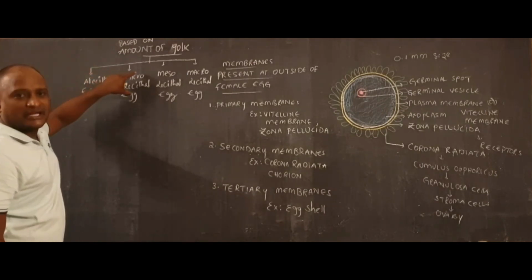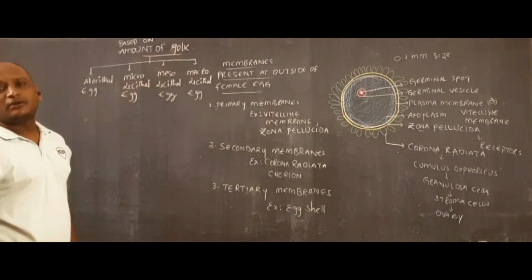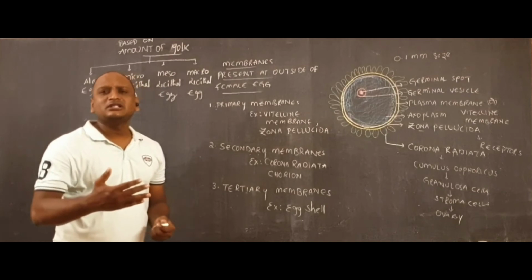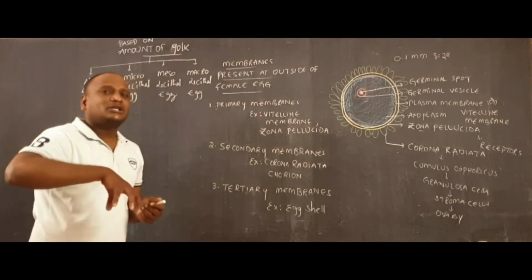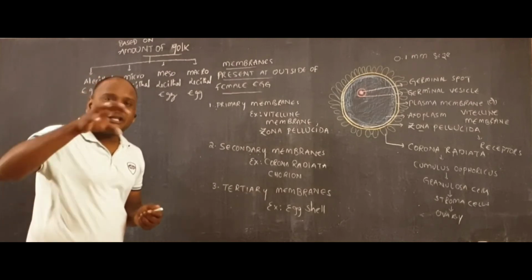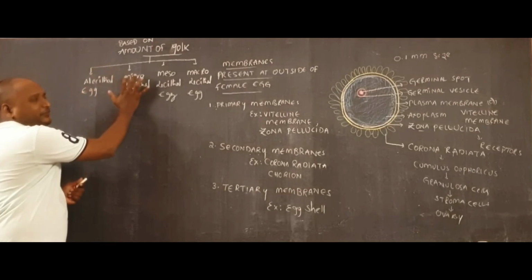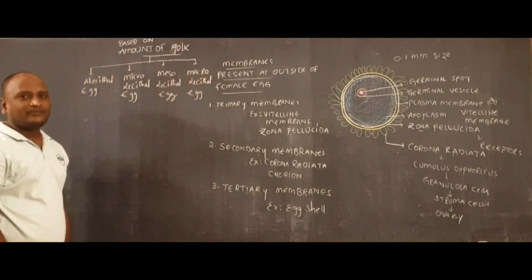In different organisms, when we observe the egg cells they are classified based on the yolk material into alecithal, microlecithal, mesolecithal, and macrolecithal.